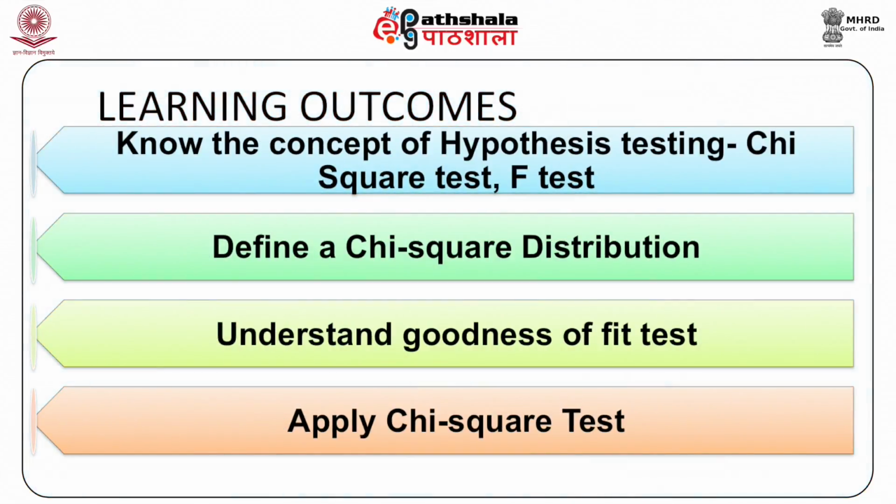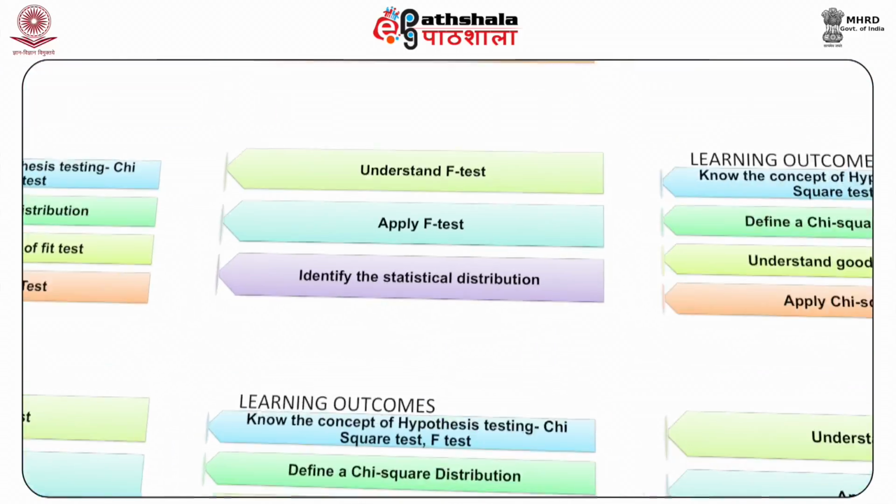After studying this module, you shall be able to know the concept of hypothesis testing, chi-square test, and F-test. Define a chi-square distribution, understand goodness of fit, and apply chi-square test.